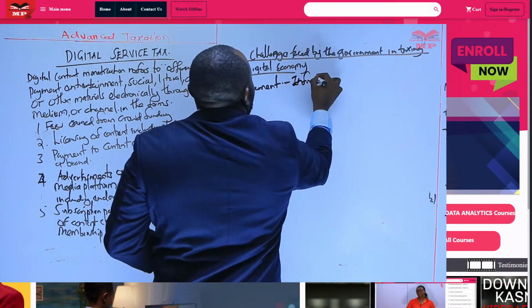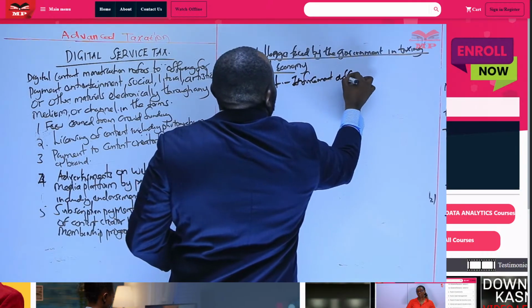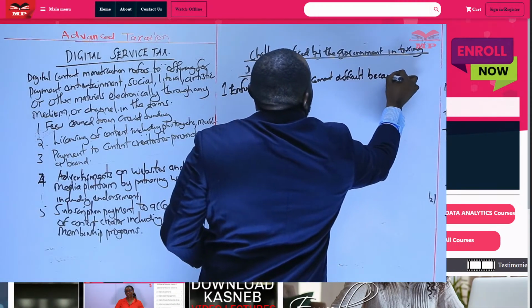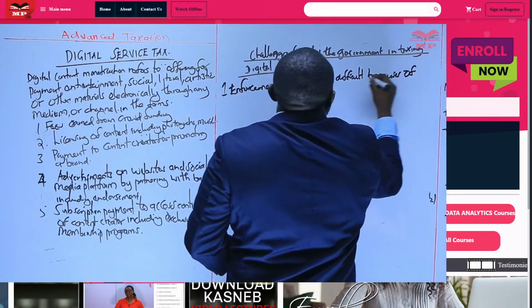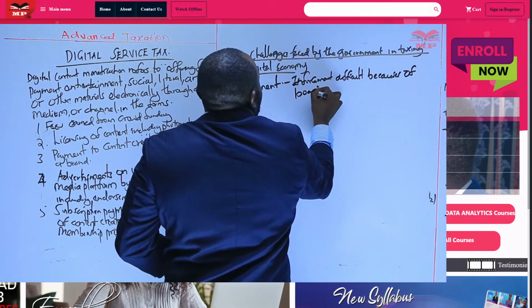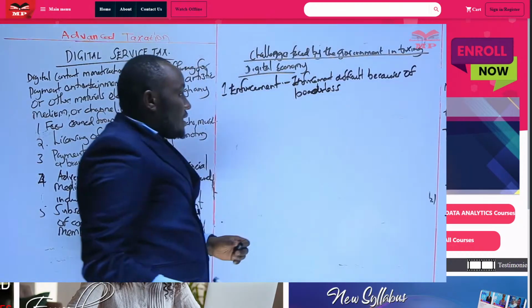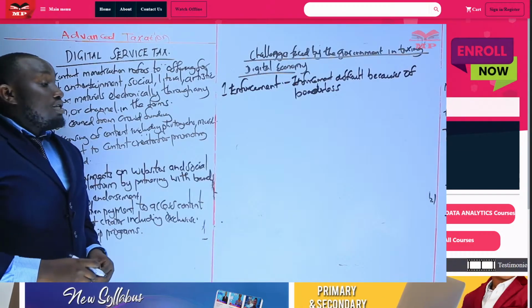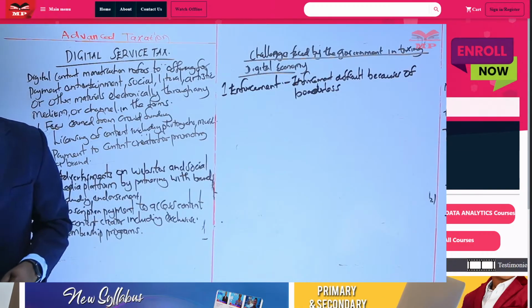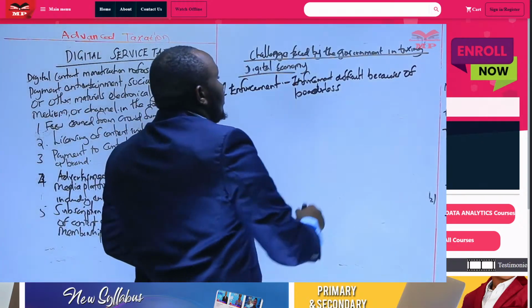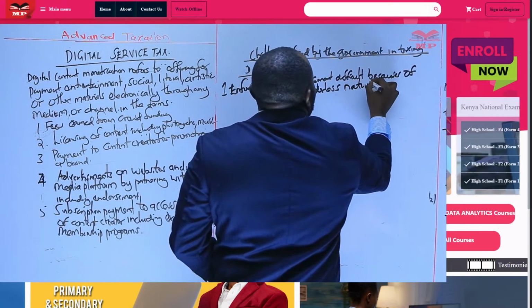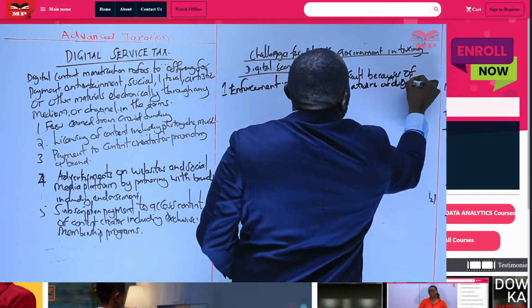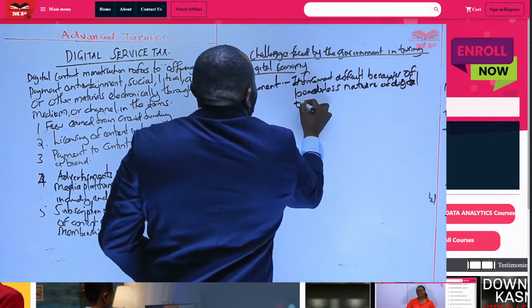Enforcement is difficult because of the borderless nature of digital transactions.